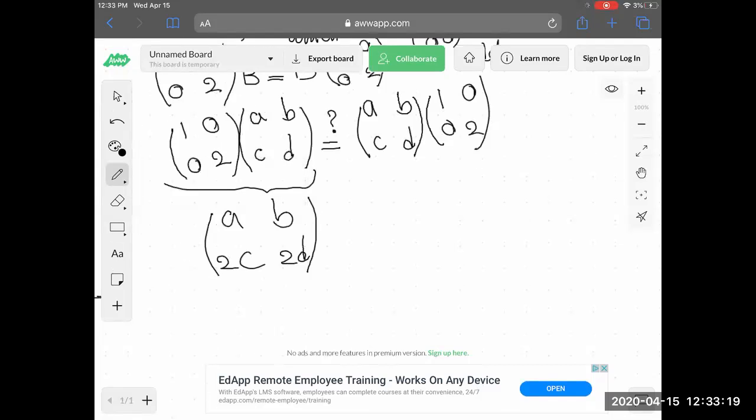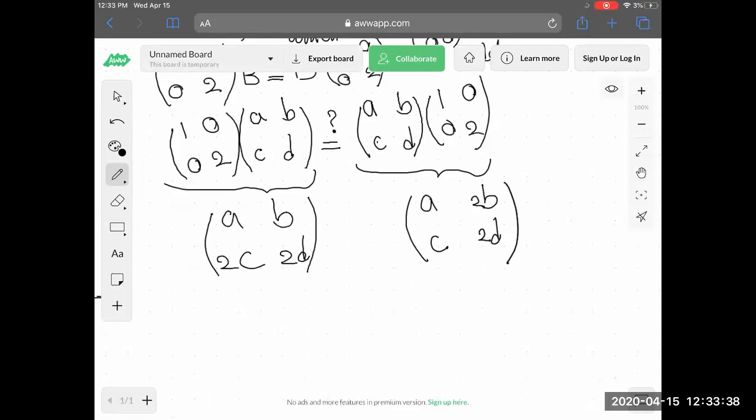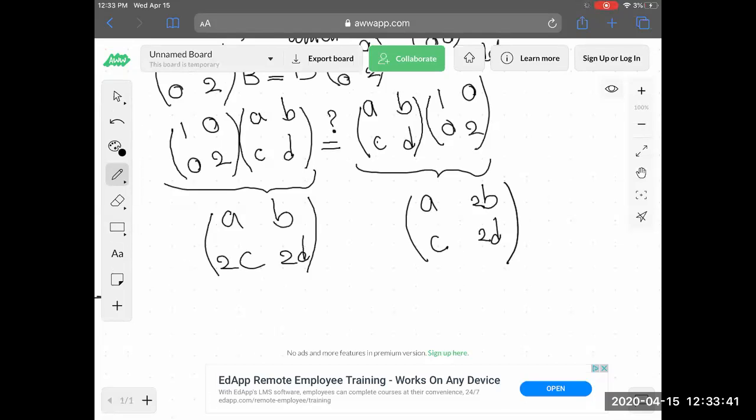It is equal to A times 1 plus B times 0, A times 0 plus B times 2, which is 2B, C times 1 plus D times 0, which is C, and C times 0 plus D times 2, which is 2D. As you can see, these two matrices are not equal. Therefore, this new matrix, 1, 0, 0, 2, is not in the center of the group.